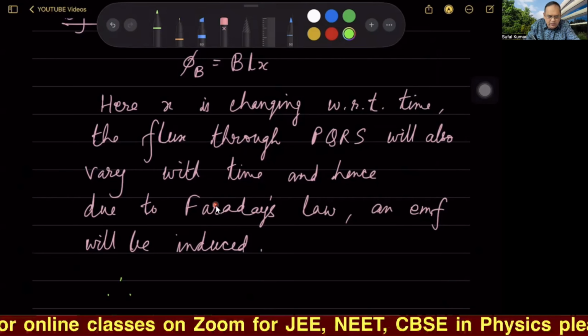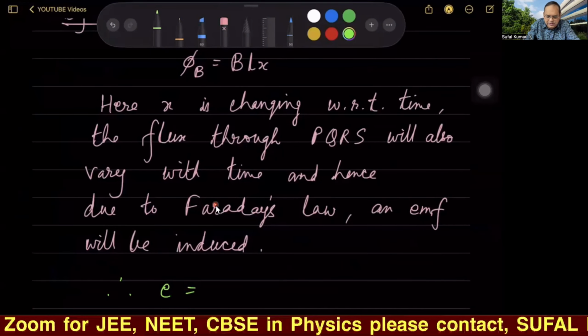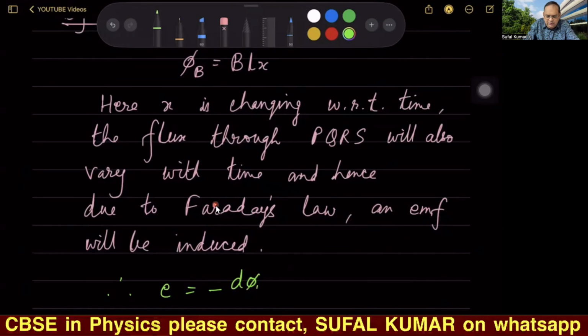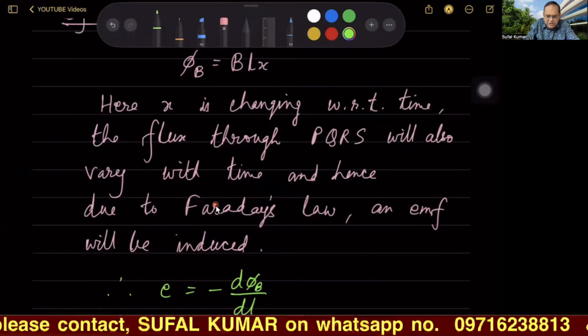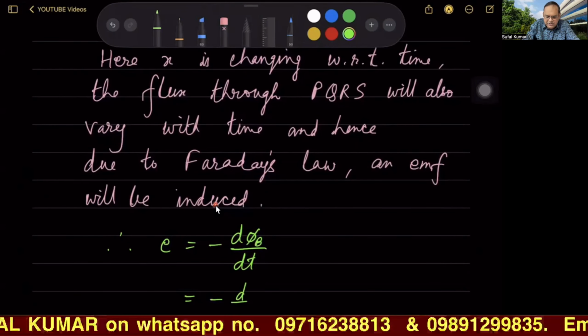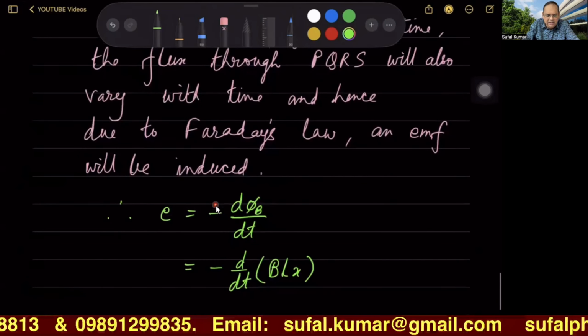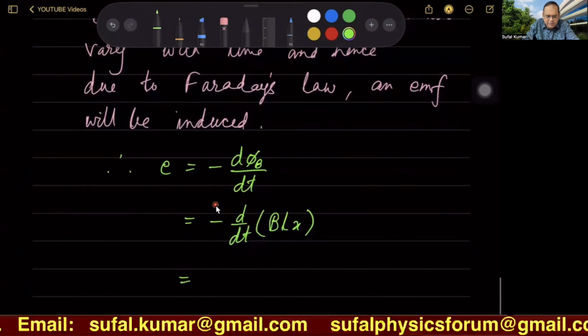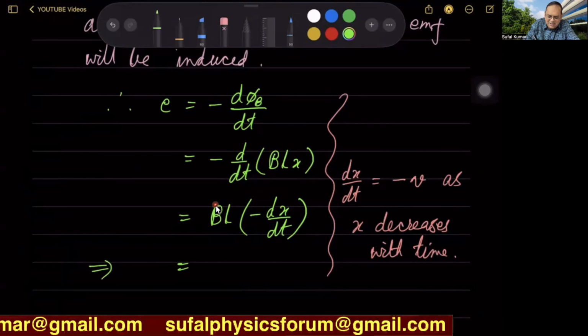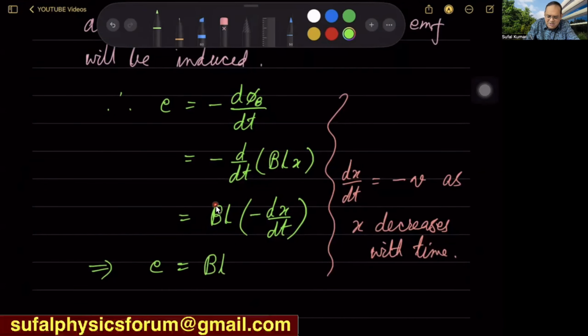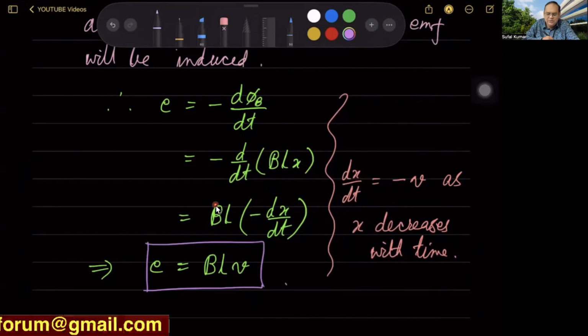By Faraday's law, therefore, E is minus d phi B upon dt, which is minus d/dt of BLx. We already had that, so it implies that E is BLv. So this is motional EMF.